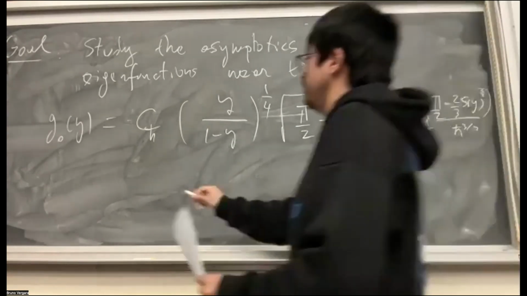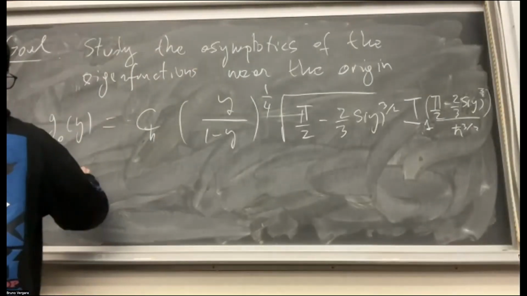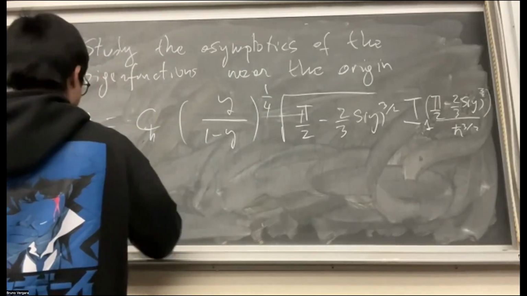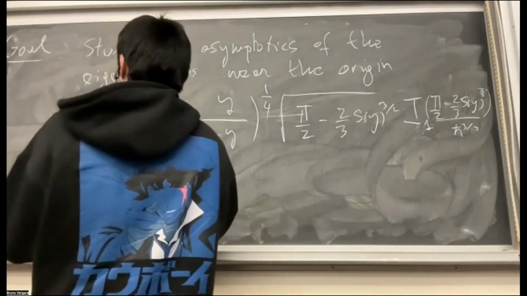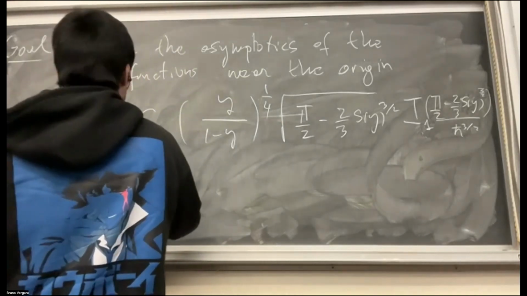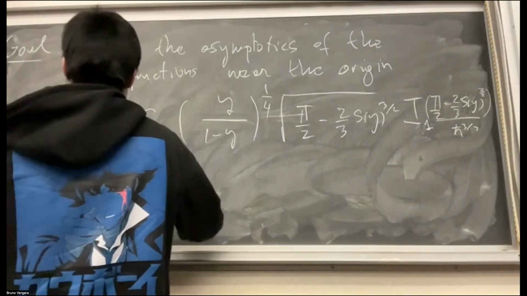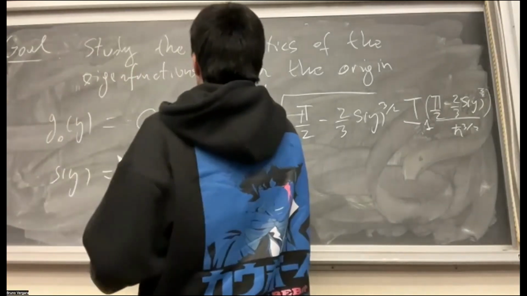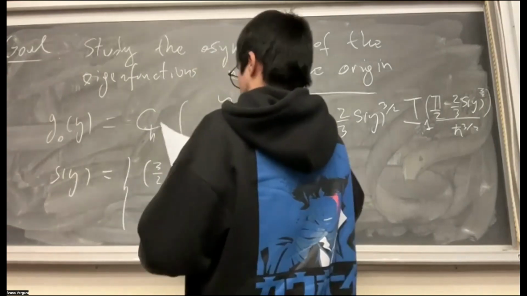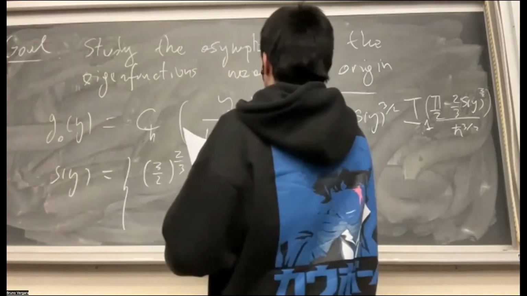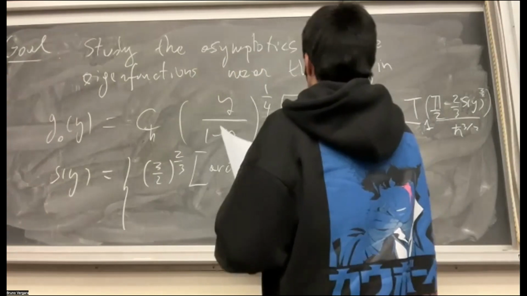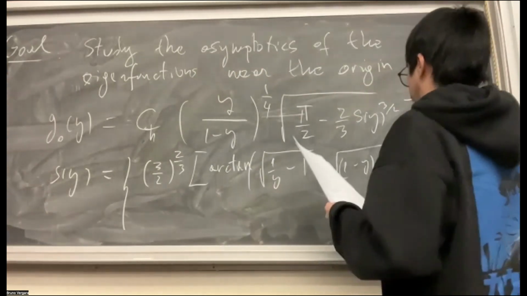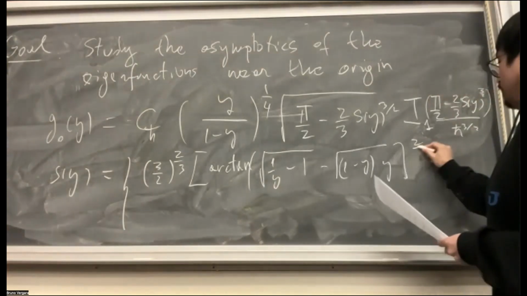S of y is just this function. I'm writing things very explicitly so that you can compare to what I wrote in the Mathematica notebook, and also to get an idea of how similar or different it is from what we saw in the first talk.